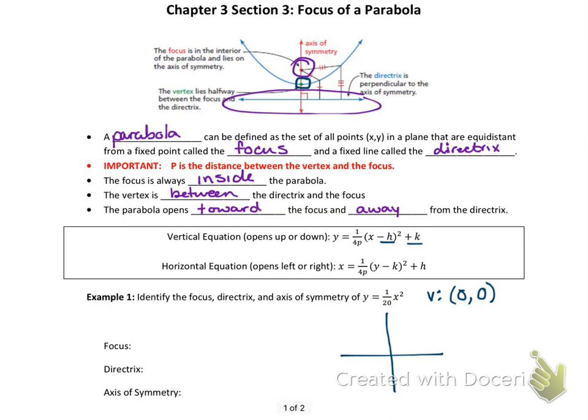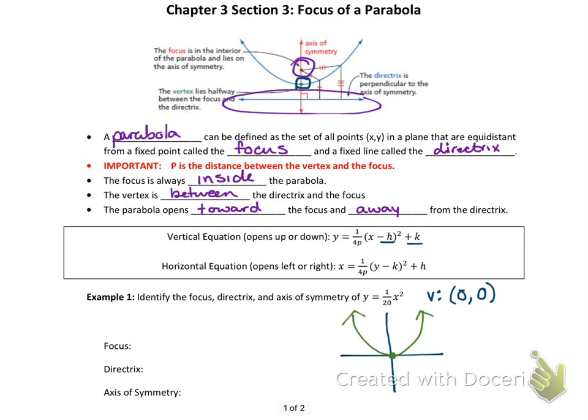So if the vertex is 0, 0, we know that it's going to start at the origin. Now we have to ask ourselves, is this opening up, down, left, or right? It's y equals, which is what we're used to seeing, so it's either up or down. But it's up because it's positive.